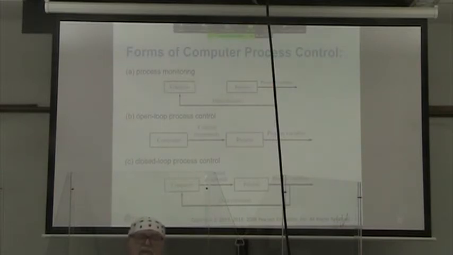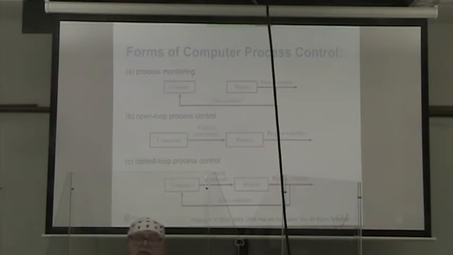In open loop process control, we've talked about that before. The computer gives control commands to the process, and then the process variables go on. But again, the computer is just giving commands. It is not adjusting the process as it goes.